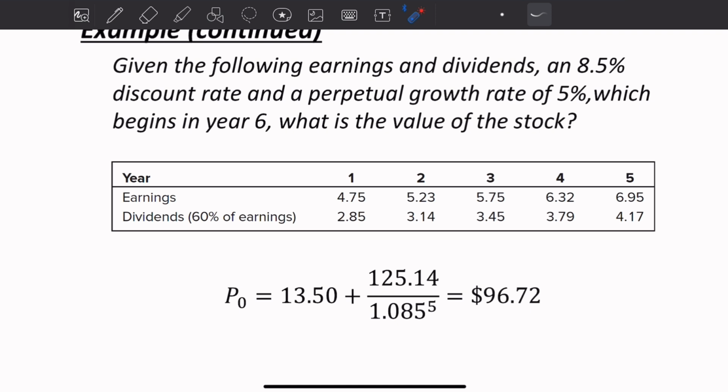Okay, so we discount it by 1 plus R to the power of 5. And then finding the total of these two separate discounted amounts, we reach the conclusion that the stock with the given inputs is worth $96.72.